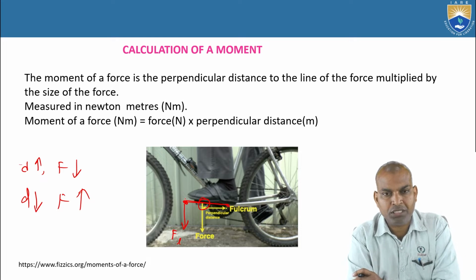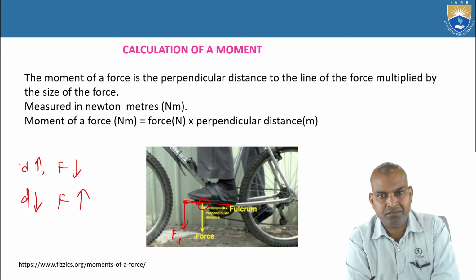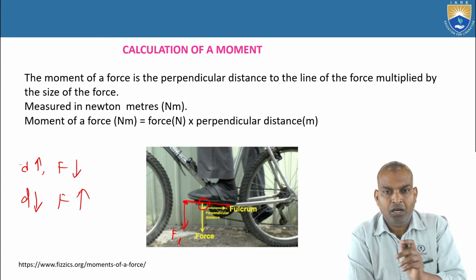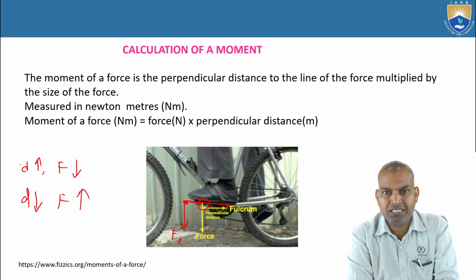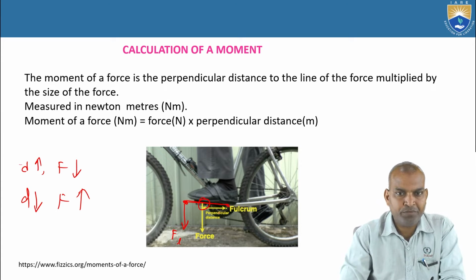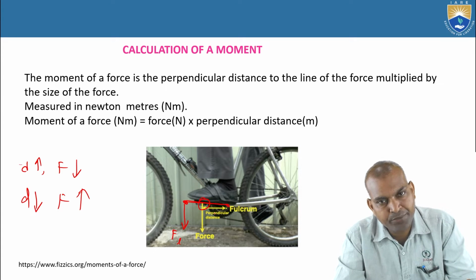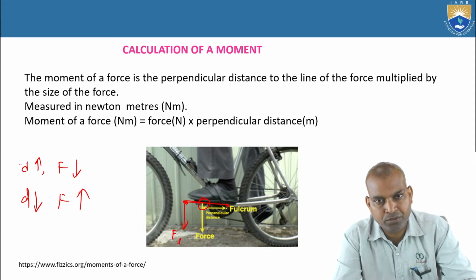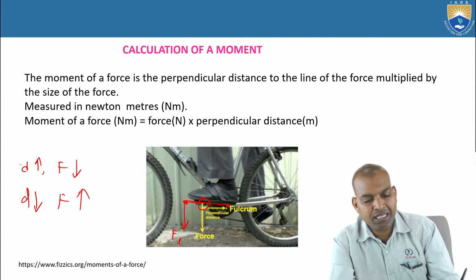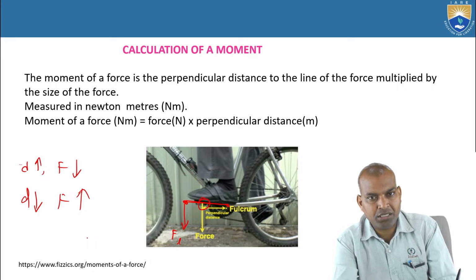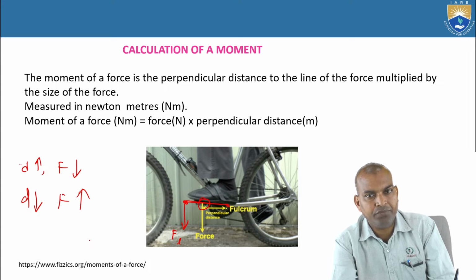This is the zone in pedal design, where the pivot distance is increased in such a way that even older people, who have less energy, can find it suitable to cycle.